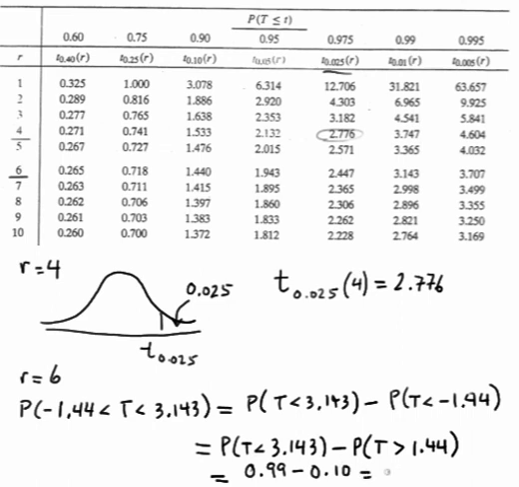So we get 0.99 minus 0.10 is 0.89. Okay, so in this example we've used the t-table once to find a t-value and once to find probabilities associated with t-values.